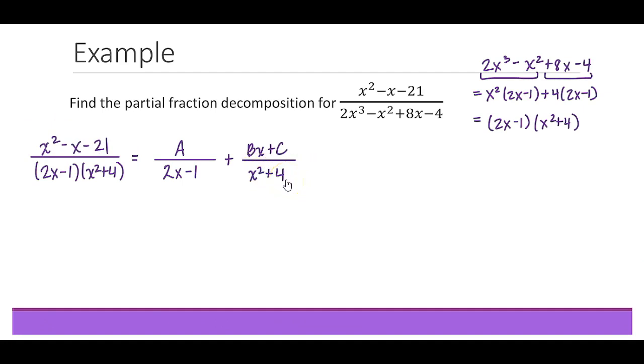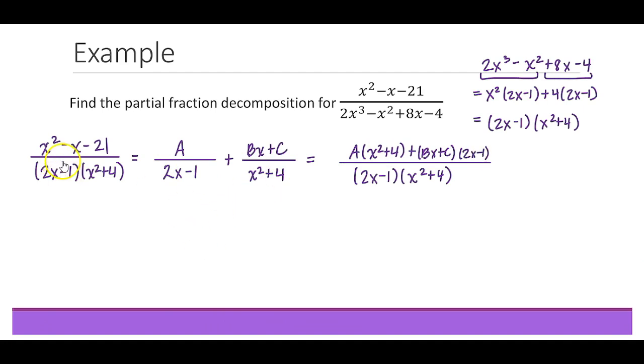If I put them back together, they will have that one common denominator, 2x minus 1 times x squared plus 4. And on the left side, a will get multiplied by x squared plus 4. And on the right side, bx plus c, that entire factor, so I'm going to put it in parentheses, would have to get multiplied by 2x minus 1.